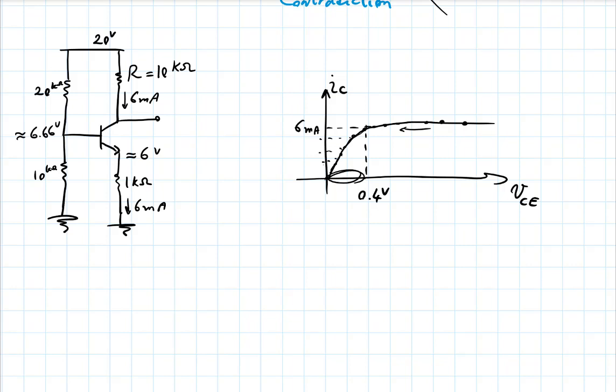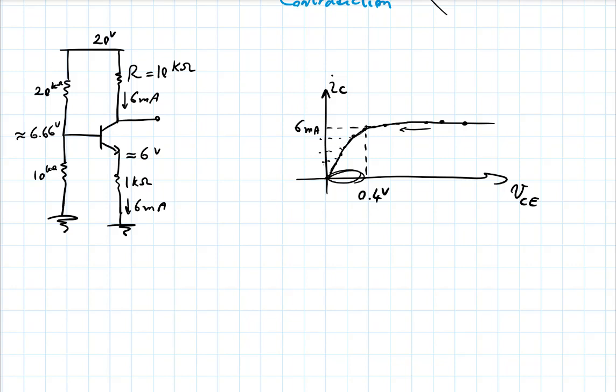And what is the collector current? The suggestion is, well, if the current is going to 0, the collector voltage is going to be about 20 volts, right? That's a very good starting point.